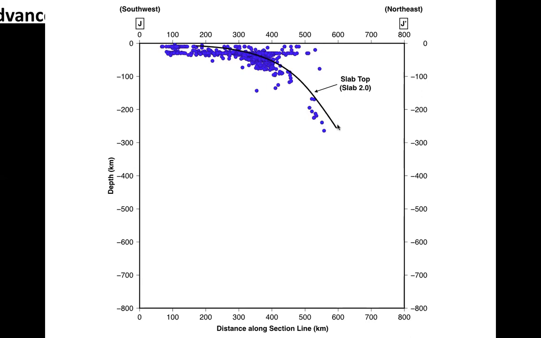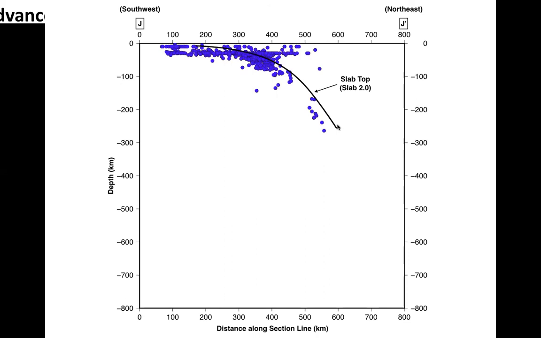So this is to the north of the proposed tear, which the research that proposed this indicates that slab dip is relatively shallow just south of the tear, and then becomes steeper again just to the north of the tear, which is what we see here.